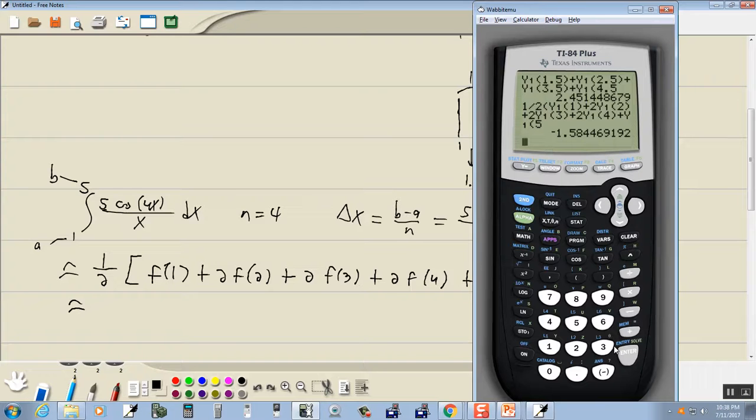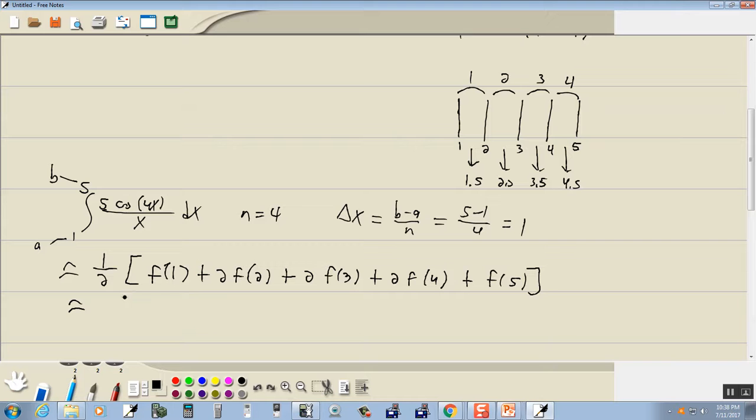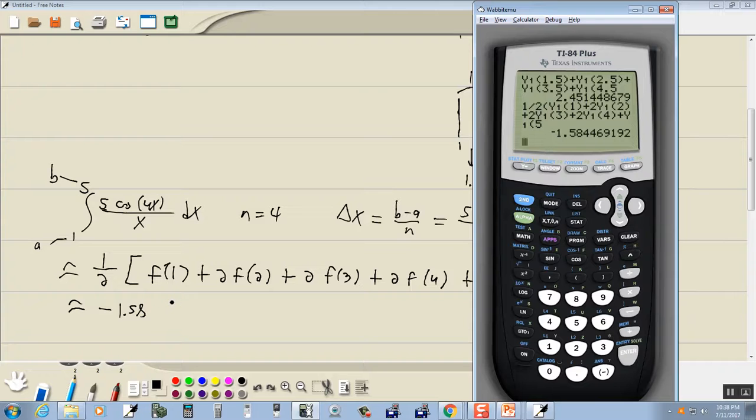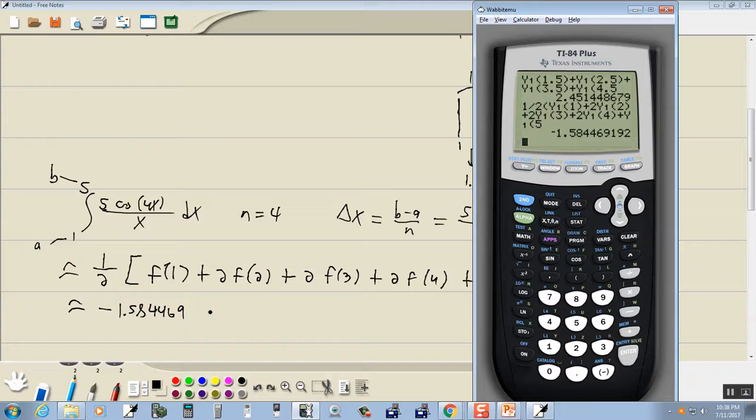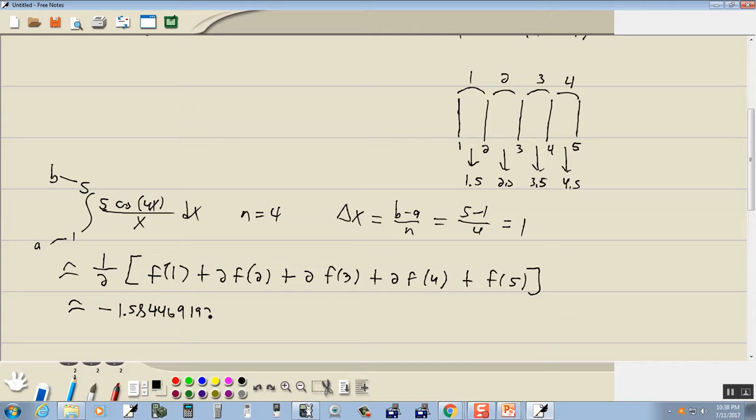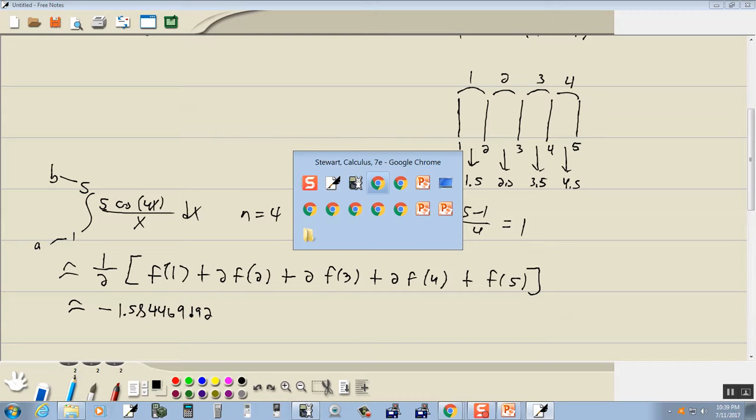And that gives us negative 1.584469192. Assuming I typed everything in right. Let me double check that.